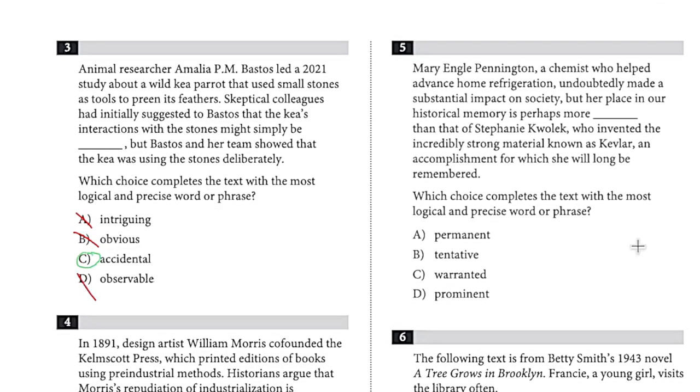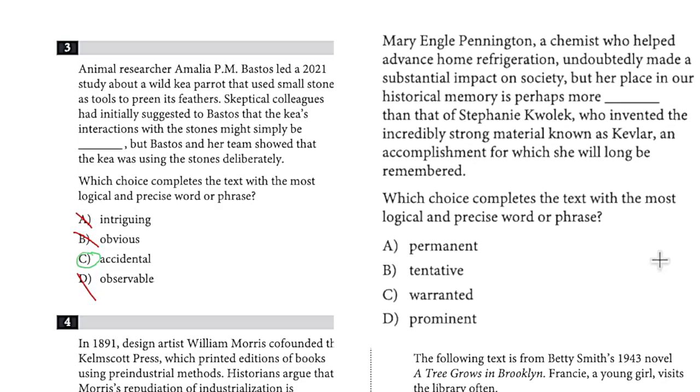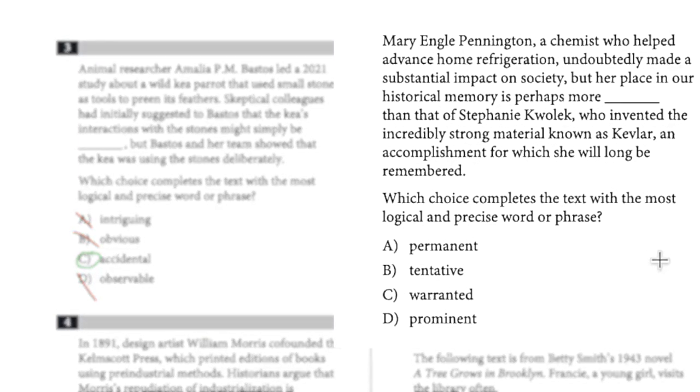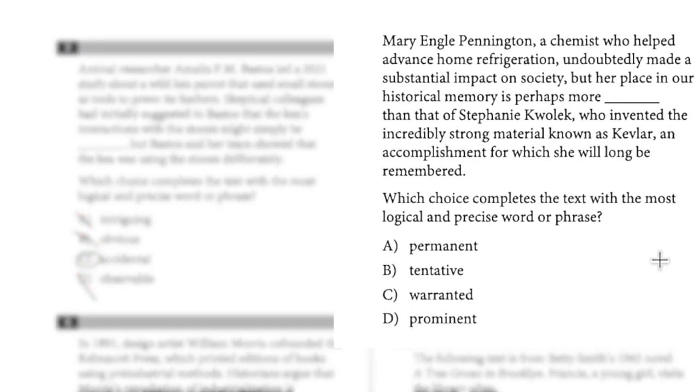Observable, no. Mary Engel Pennington, a chemist who helped advance home refrigeration, undoubtedly made a substantial impact on society, but her place in our historical memory is perhaps more blank than that of Stephanie Kwolek, who invented the incredibly strong material known as Kevlar, an accomplishment for which she will long be remembered. Okay, this is tough.